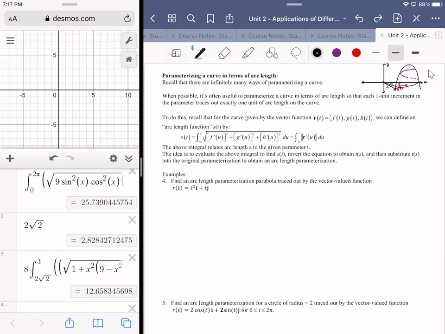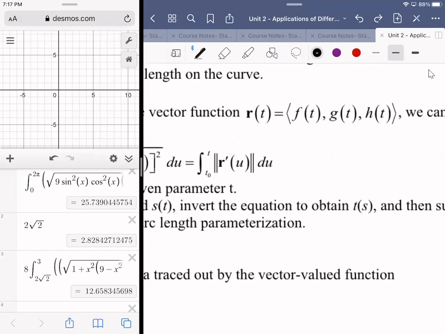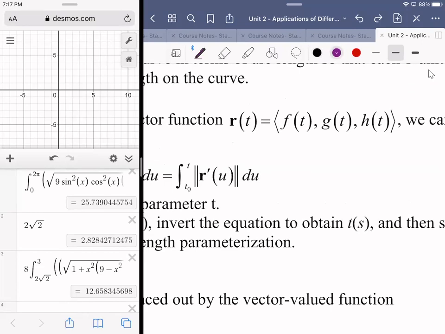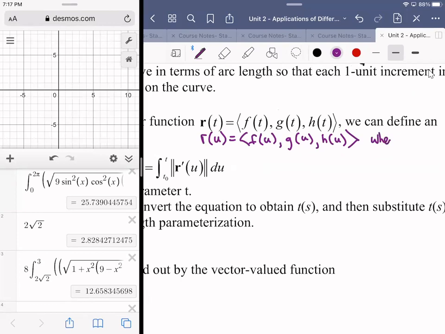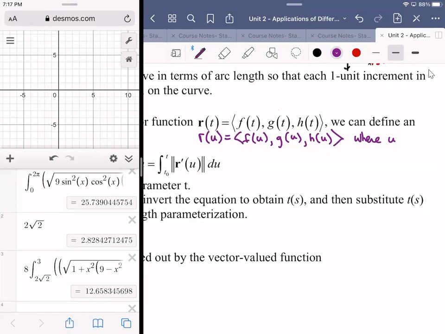If I were to say that I wanted to have some function r of u, I could look at it in the sense that r of u is really f of u, g of u, h of u, where u is a function of t. So I'll just write it.